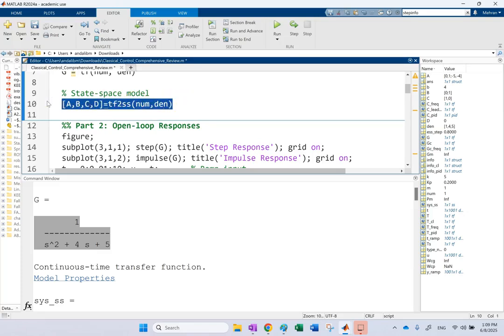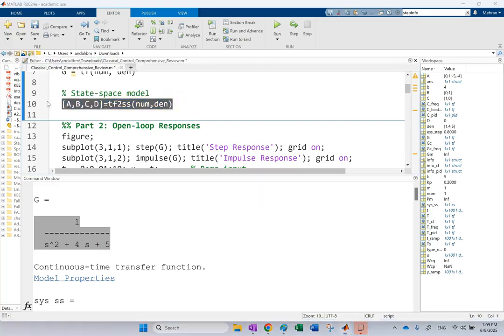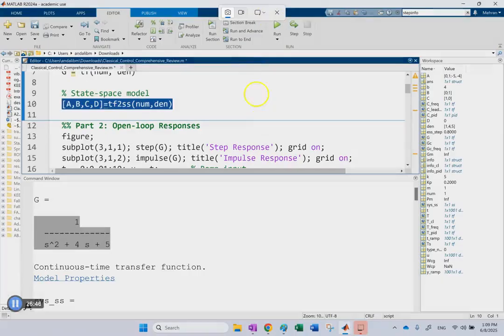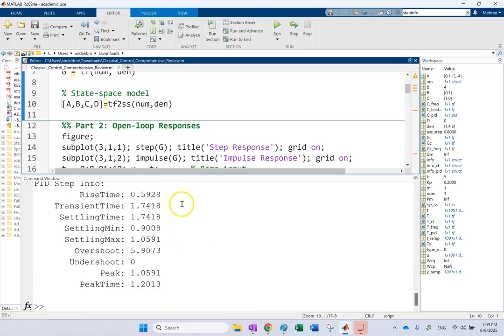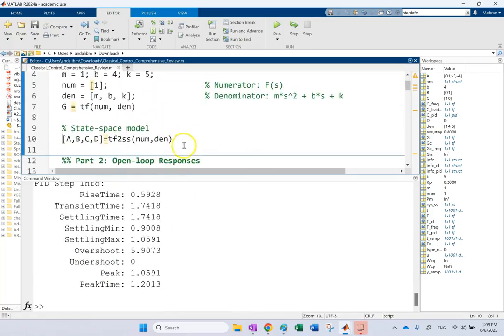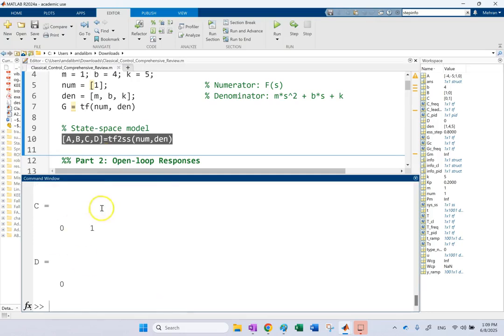So let me run this command for you. Okay, sorry, wrong button pressed. F9, let's see. No, okay. So let me just run it here. There we go.